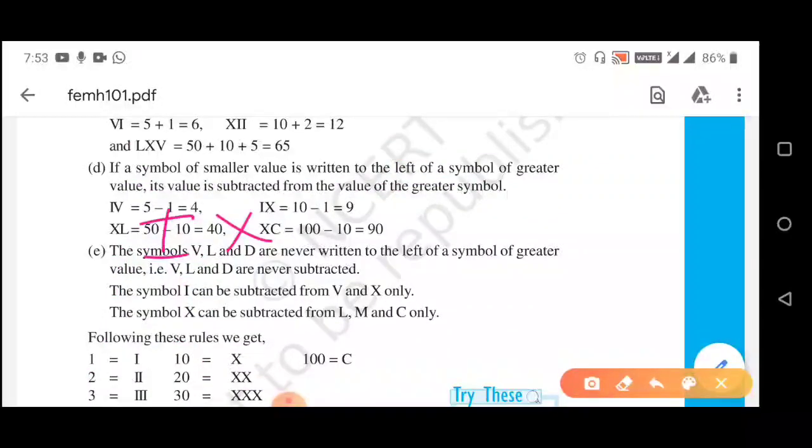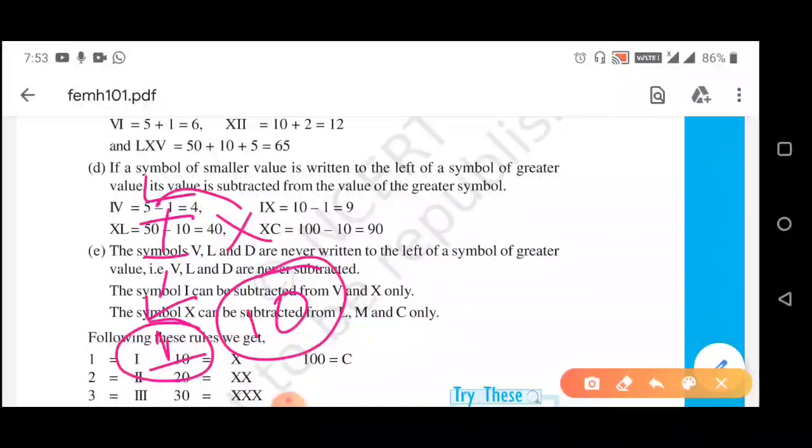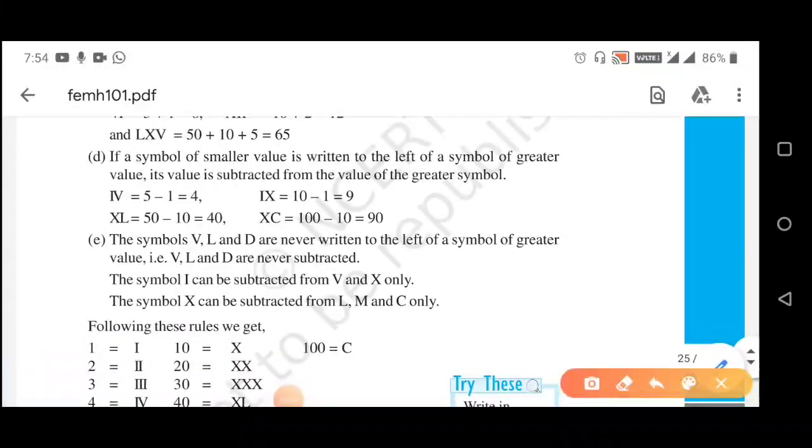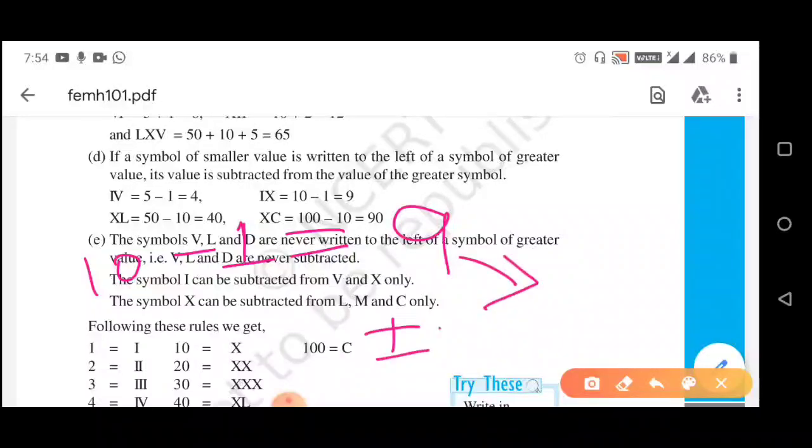So here I is written to the left of X. So here this 1 will be subtracted from this 10, because if we write the symbol of the smaller value to the left side of the symbol of the greater value, then that will be subtracted. So 1 will be subtracted from 10 and it will be 9. So we will write 9 as IX.